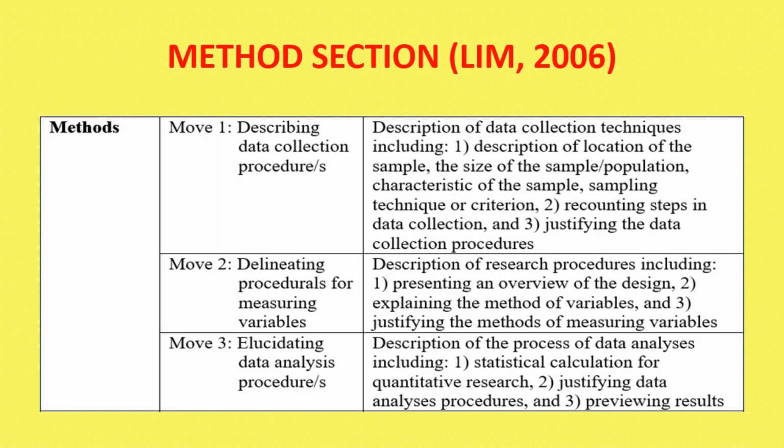Number two, explaining the method variables, and number three, justifying the method of measuring variables. So again, there is an explanation or justification from the authors of why they use a particular design and method of variables. Not just stating it, but we have to justify this.